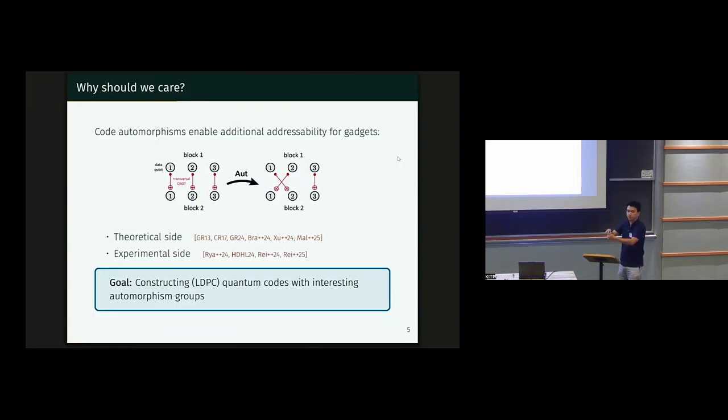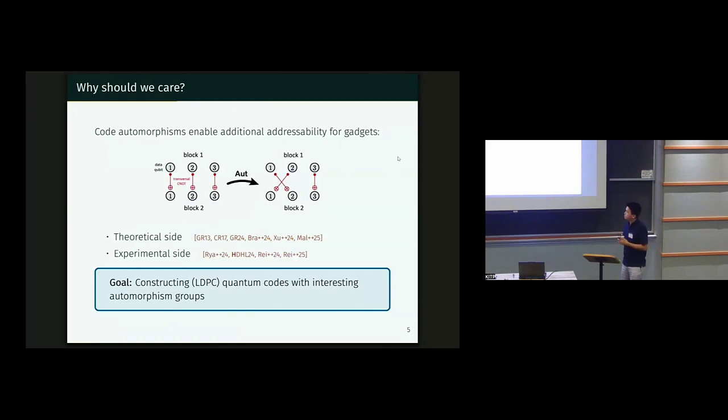That's equivalent to hooking up the CNOT gates in a different manner between the 2 codes. So code automorphism allows you to do many more transversal gates than you initially thought you had. It essentially elevates the gadgets you had before to act on more qubits.